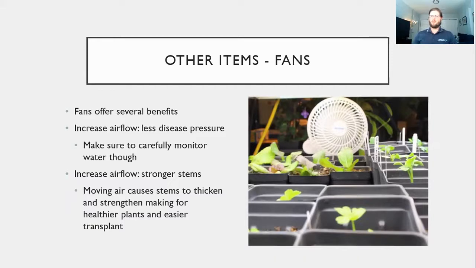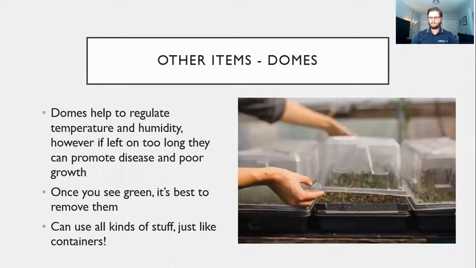If you're using something like a windowsill for your source of light, having a bit of airflow, not necessarily super strong, you don't want it on full blast, but just enough light airflow to caress across those plants is going to help encourage those stems to thicken up and to help them with nutrient transport from the roots to the leaves and vice versa. And eventually that'll make it much easier for these plants to be handled and transplanted if you expose them to a bit of a breeze early on in their growing cycle.